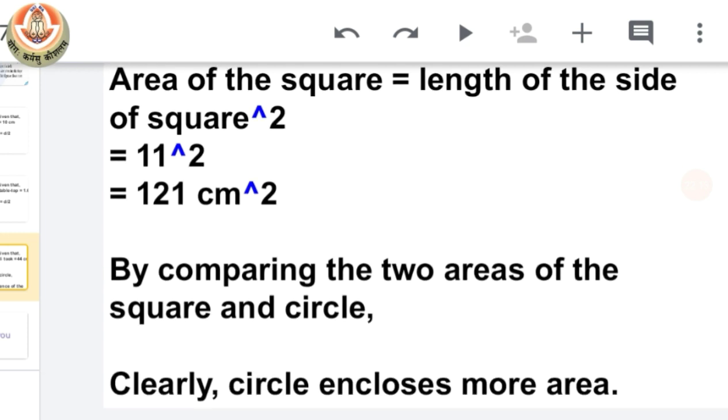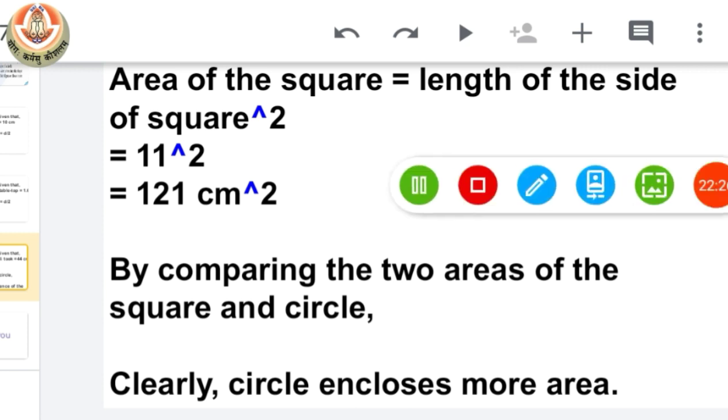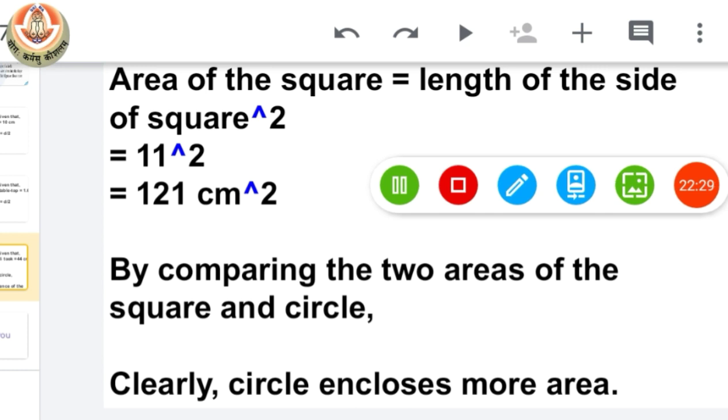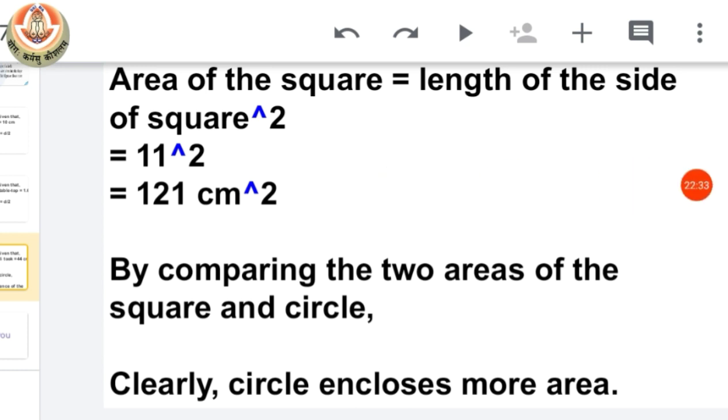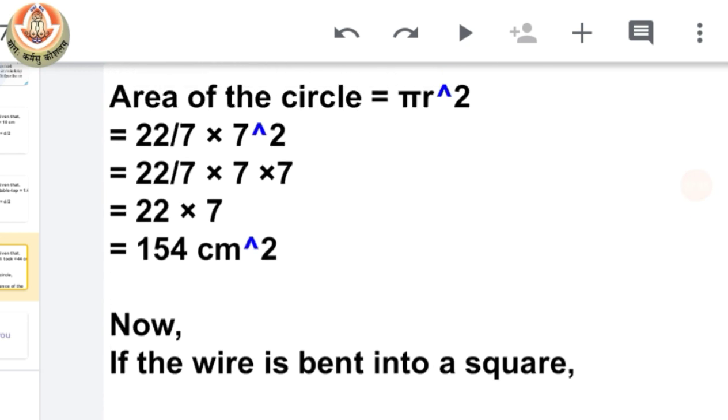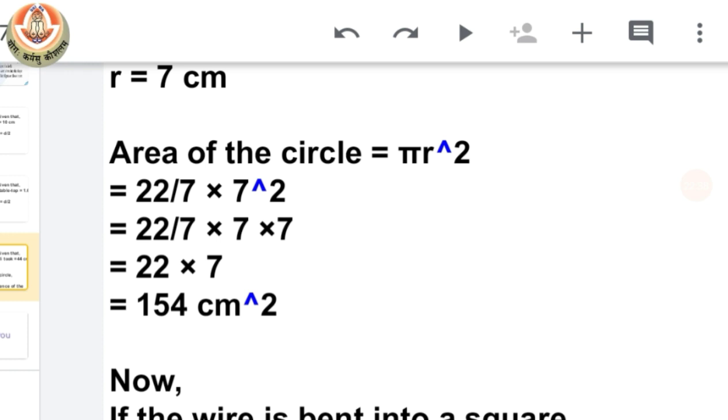Now the last question is we have to answer which of the figure encloses more area, whether circle or square. So you can easily see that area of square is 121 centimeter square, and area of circle is 154 centimeter square.